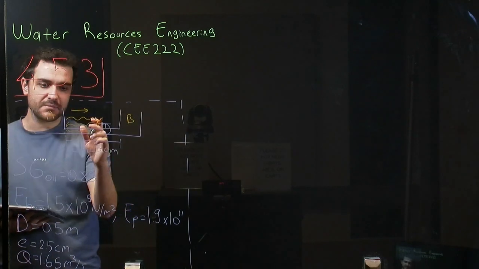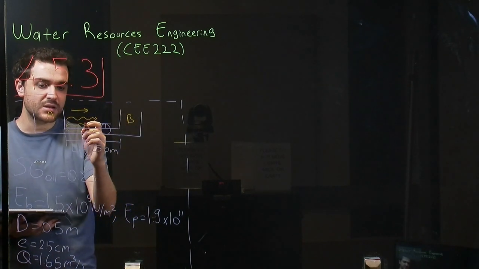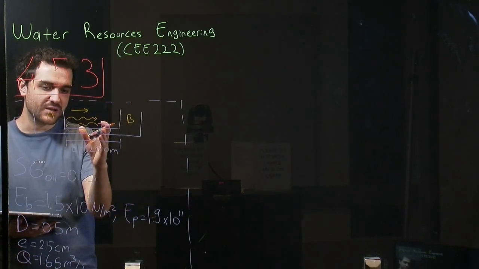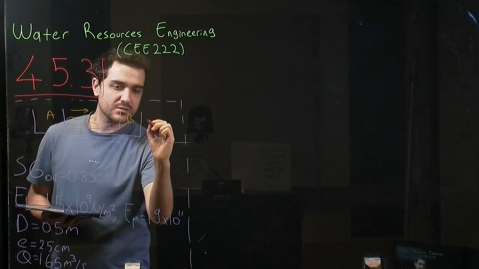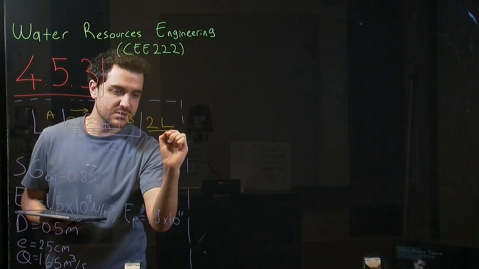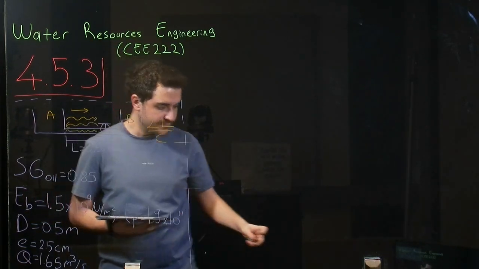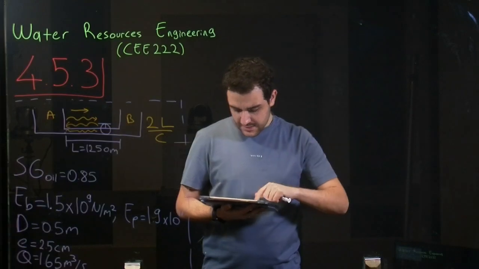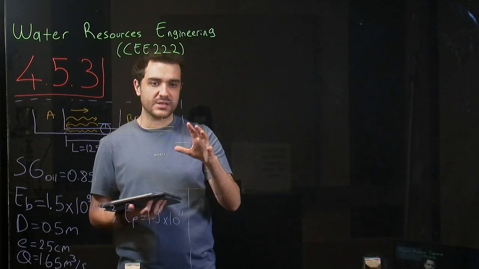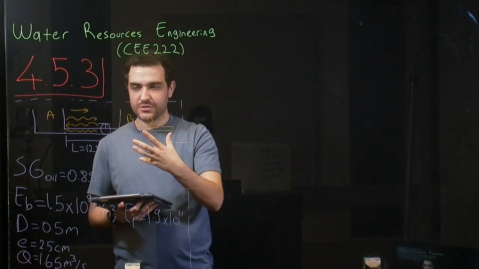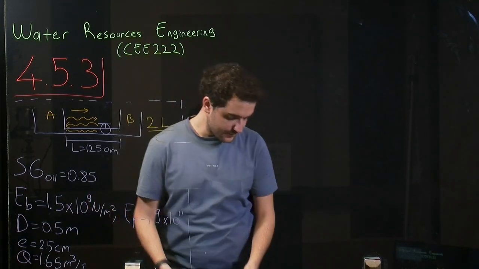So this total time, which is the duration from valve to reservoir and from reservoir to valve, is 2L over C. So we need to find this value to see if the closure is rapid or not.